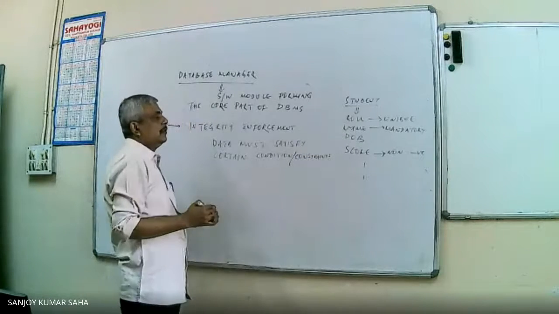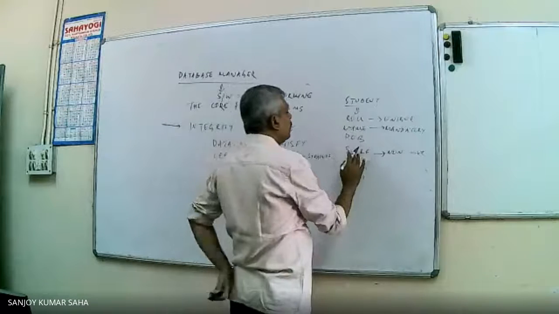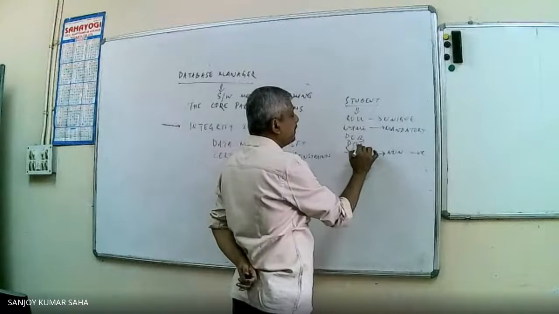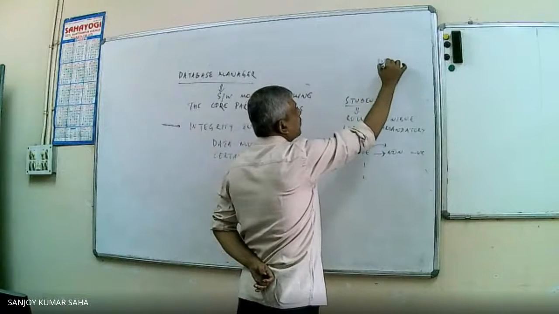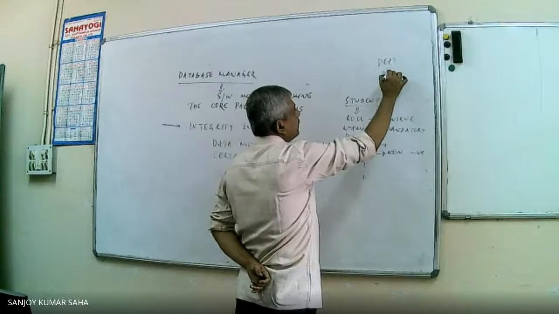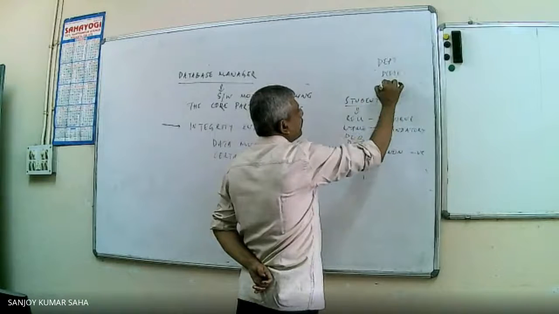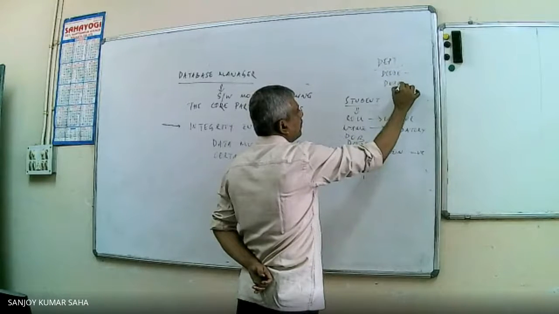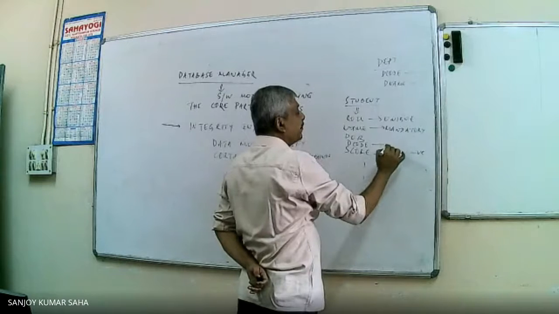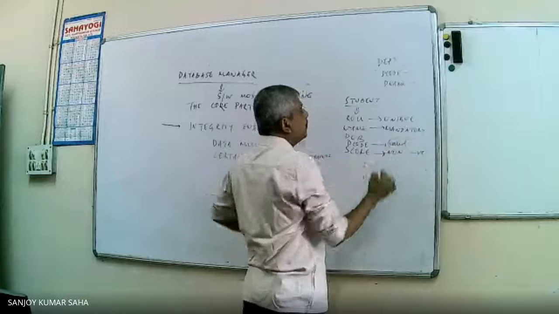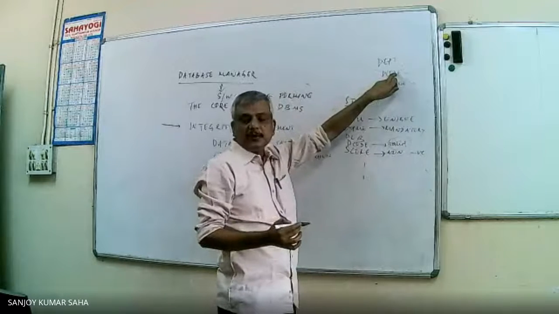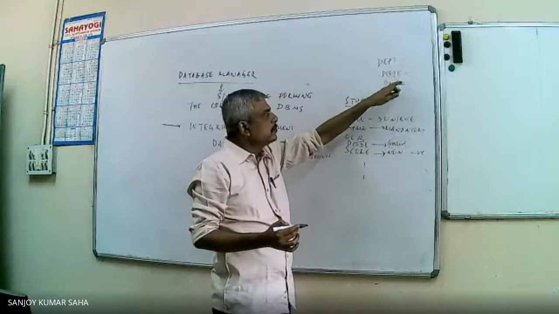Now see, suppose we have in which department the student is studying. Say we have the valid list of the departments. Suppose we cannot have any department which is not present in the total list of the departments. So that is an invalid department.